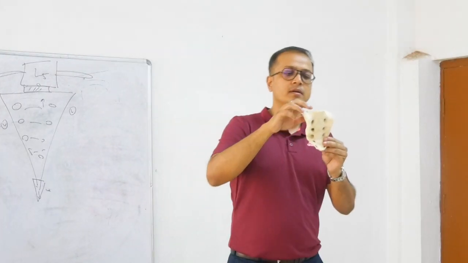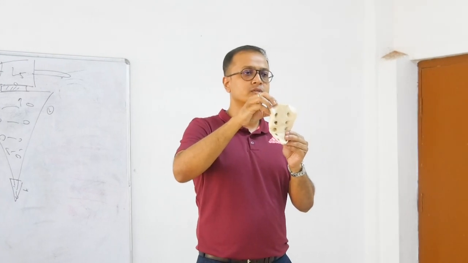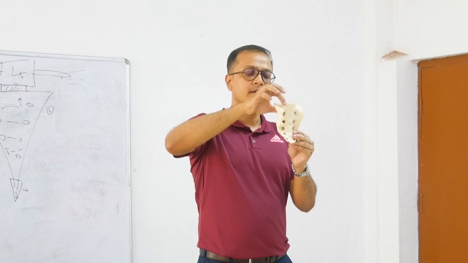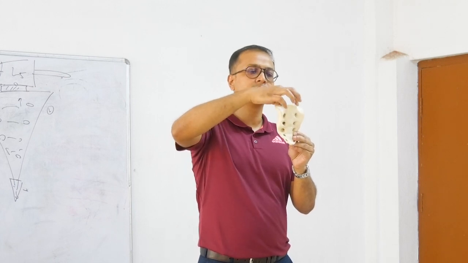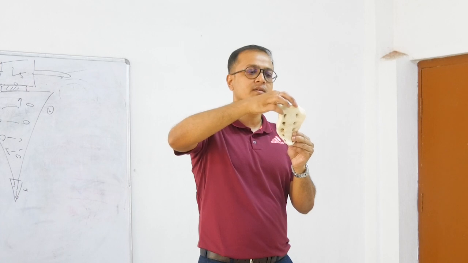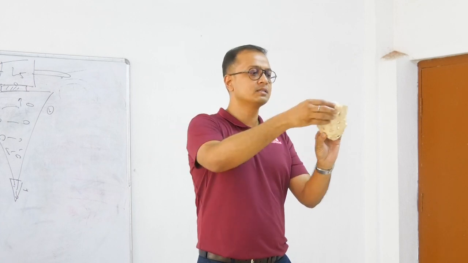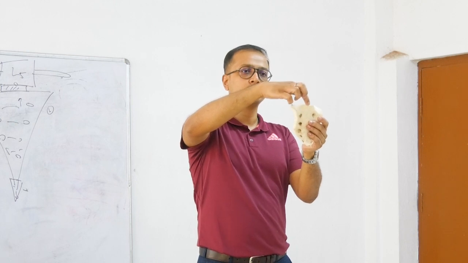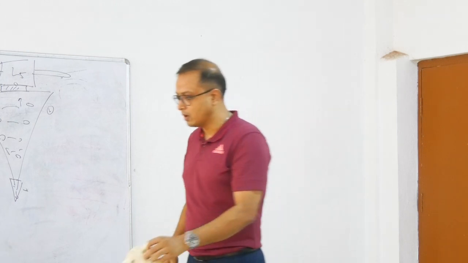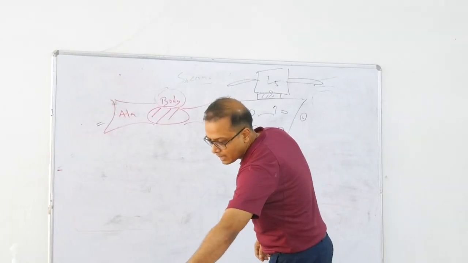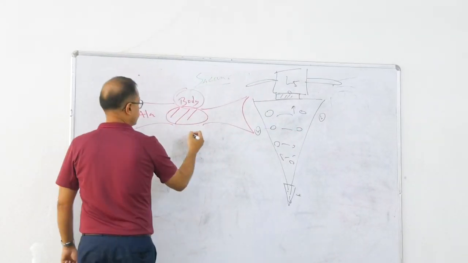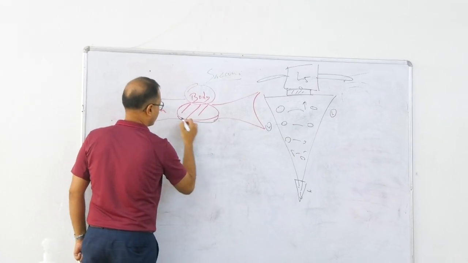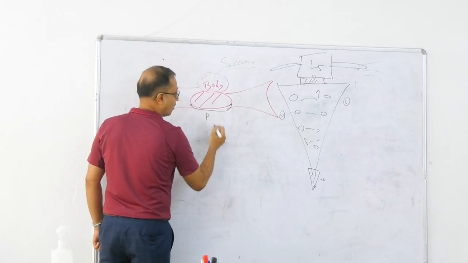Now this body, the S1 vertebra, has a superior border. This is the anterior aspect, the anterior surface of the superior border of S1, and this is the posterior. This anterior border of the superior S1 vertebra, from here to here, we give a special name.